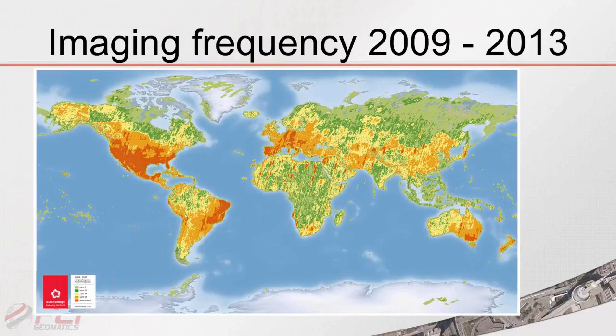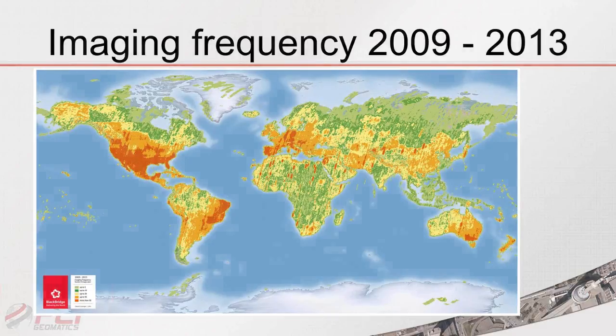We're almost at the end of our agricultural season in North America, as well as Europe. And we have agricultural imaging planned, as you can see, in Latin America, some of the heavily orange areas, as well as Australia, China, and other places around the world, but those are our heaviest programs.